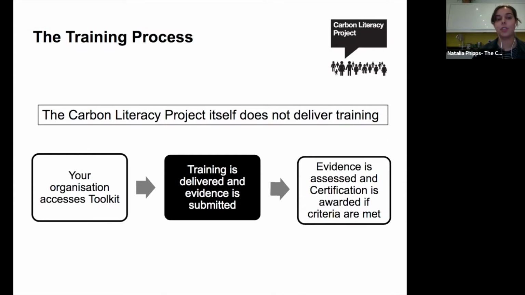We often encourage people to go on a course and become carbon literate themselves. But if you have a passion for the subject matter and you're a reasonable communicator, the aim is that you will pick up the toolkit and be able to deliver it in your organisation. After you've conducted that training, evidence is submitted to us at the project, and if the criteria is met, then we will award you and your people certificates.